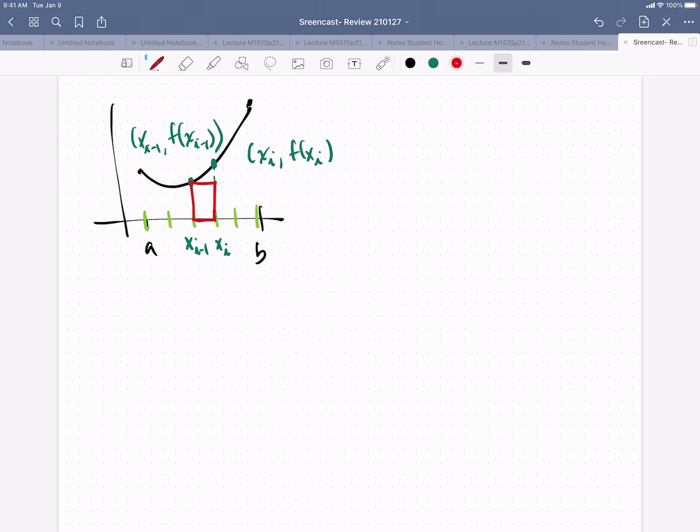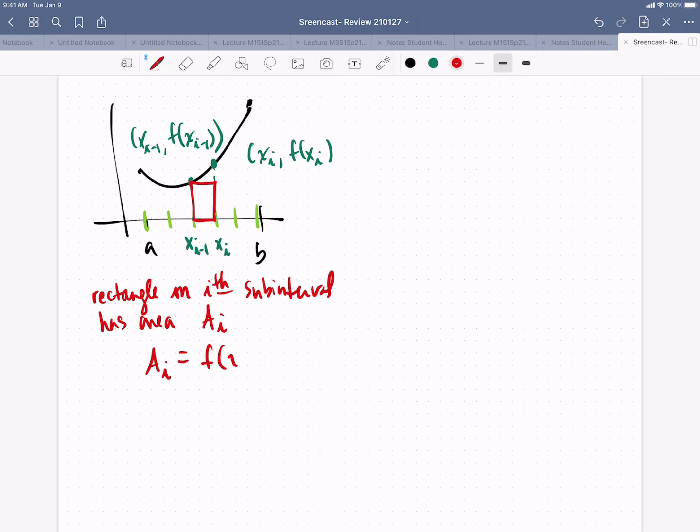So if I draw that rectangle in there, on the ith subinterval, and let's say it has area A sub i, then the area of the rectangle I drew is its height, which is f of x sub i minus 1, times its width, which is delta x.